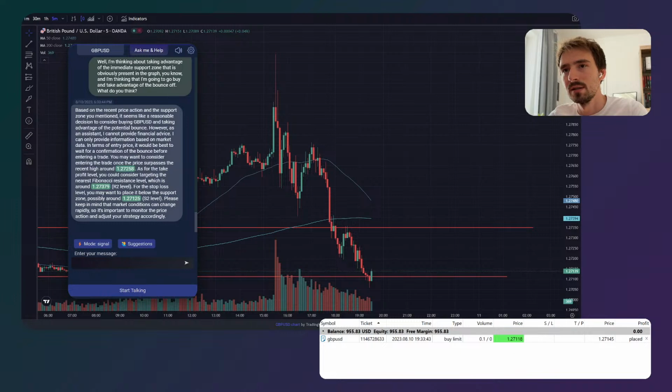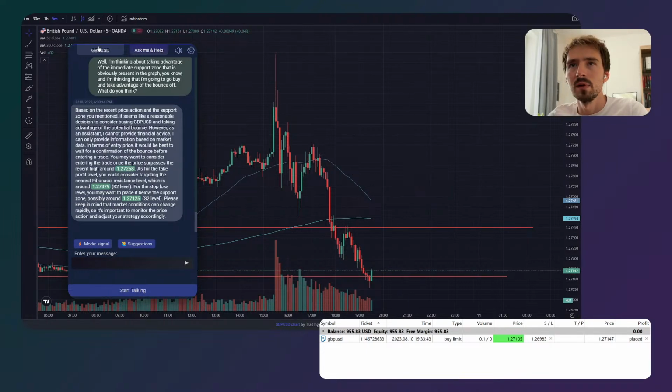You may want to consider entering the trade once the price surpasses the recent high around 1.27258. As for the take profit level, you could consider targeting the nearest Fibonacci resistance level, which is around 1.27379, R2 level. For the stop loss level, you may want to place it below the support zone, possibly around 1.27125, S2 level.